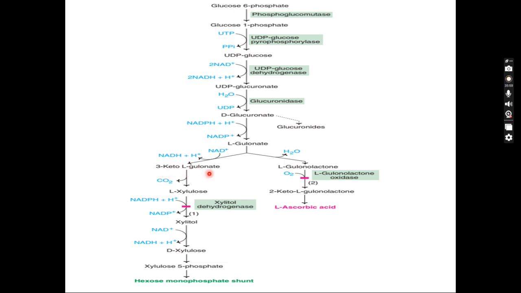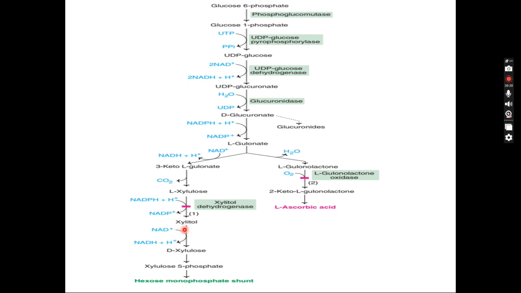So we have the 3-keto L-gulonate, and we have the L-xylulose, that's after a decarboxylation, the 3-keto L-gulonate being decarboxylated by the 3-keto L-gulonate decarboxylase. We have the L-xylulose, which is the pentose sugar, and under the action of the enzyme xylitol dehydrogenase, in the presence of NADH and hydrogen, we have the xylitol.